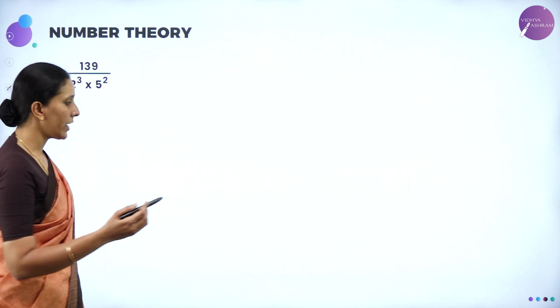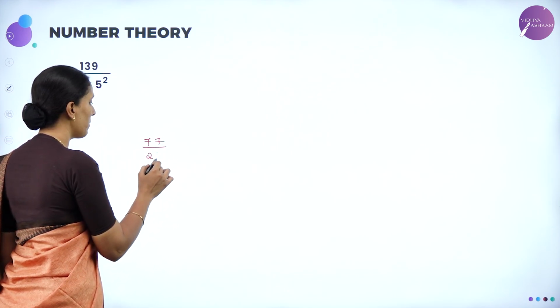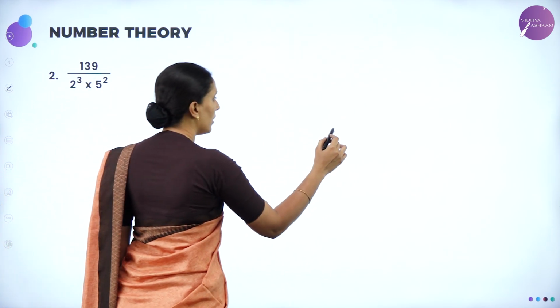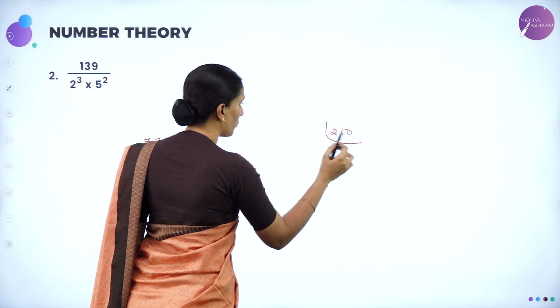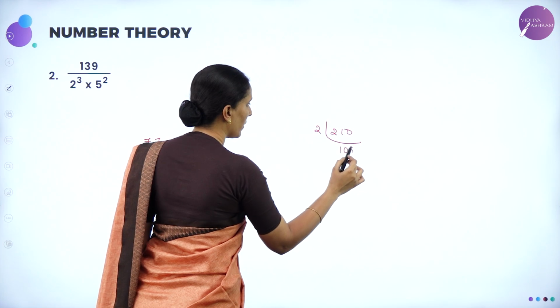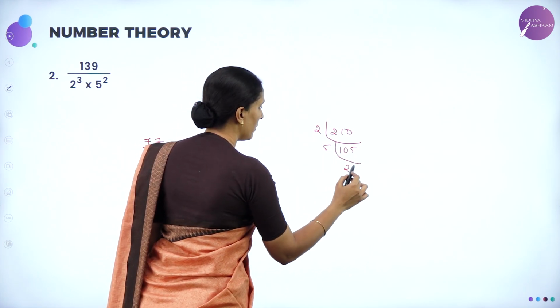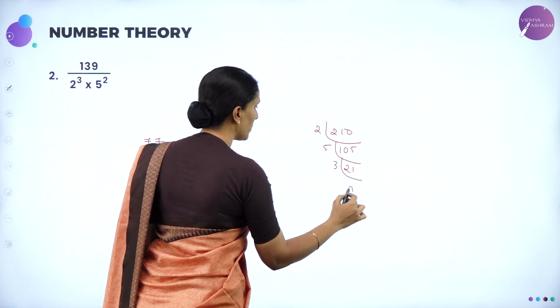So, you can also take an example or non-example. For example, if it is 77 by 210 here, let us see the prime factorization of 210. 2 1s are 2, 2 0s are 0, 2 5s are 10, 5 2s are 10, 5 1s are 5, next 3 into 7.